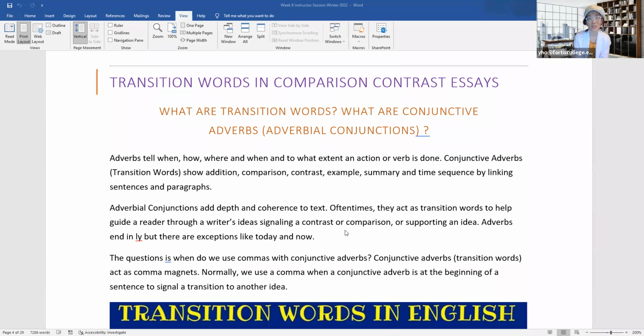So the however signals to the reader that a new idea is coming up. Or you're adding to an old idea. So if I were to say, Mary is rich, in addition, she has a big inheritance. In other words, instead of saying and all the time, you could say in addition.